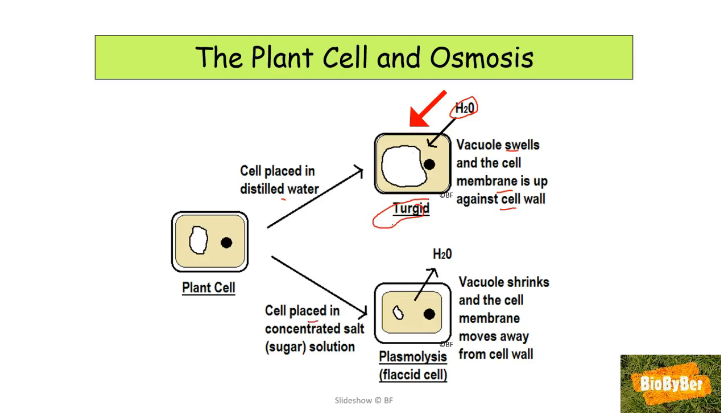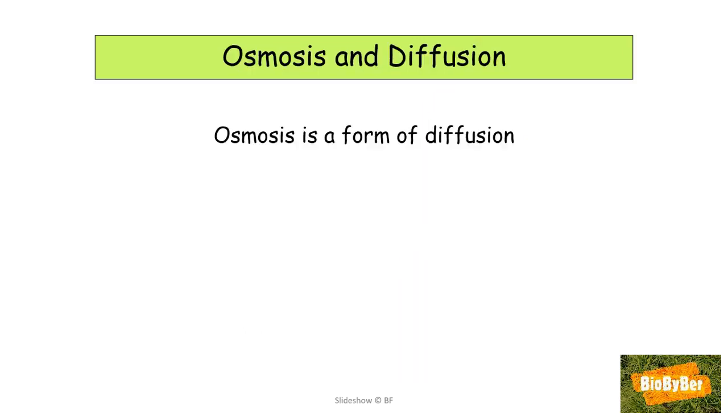If the cell is placed in a concentrated salt solution, then the water will leave by osmosis, the vacuole will shrink, the cell membrane will move away from the cell wall, and you will have a plasmolyzed or flaccid cell.